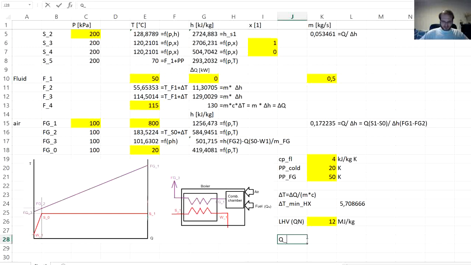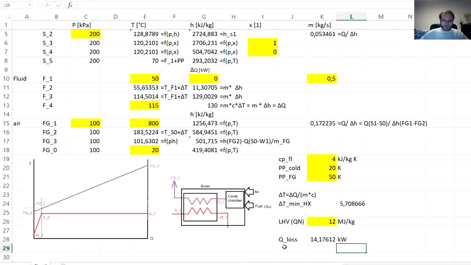So we can write Q loss is the mass flow rate of the flue gas multiplied by the difference in enthalpies between the flue gas outlet and the enthalpy of flue gas cooled down to 20 degrees C. And it's 14 kilowatts.